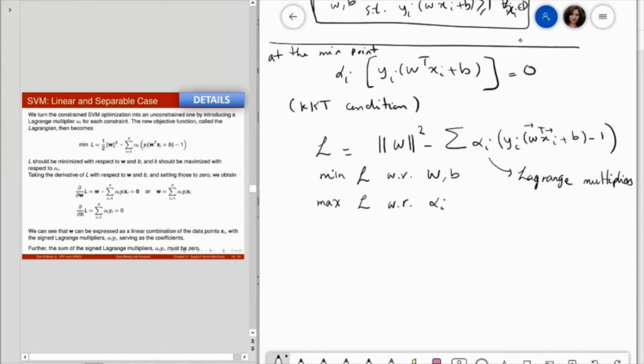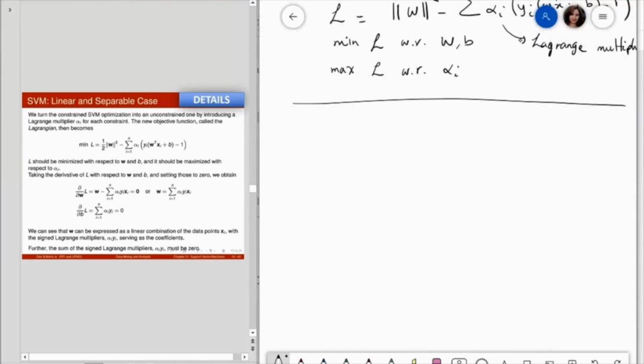Okay, so now what we want is to find the w and b that minimize w squared minus the sum, for all i's in the data, 1 to n.